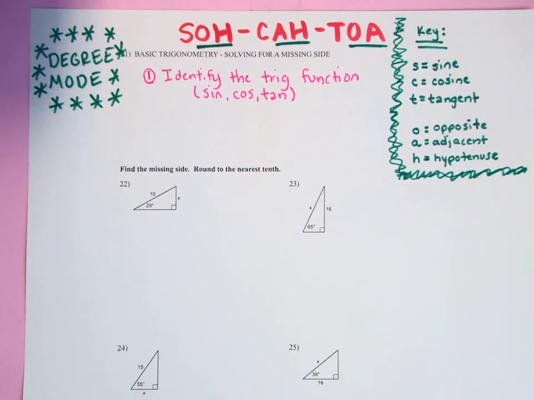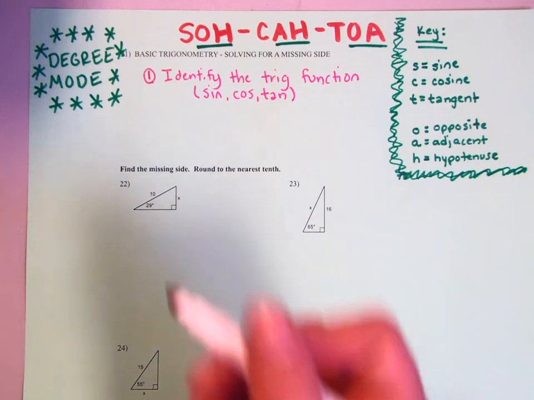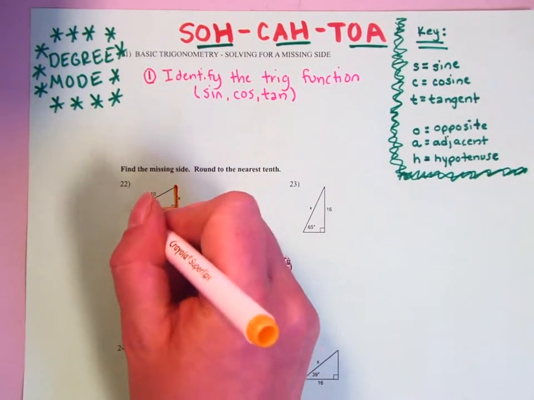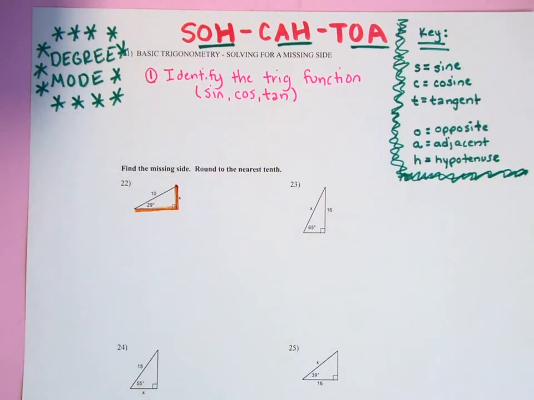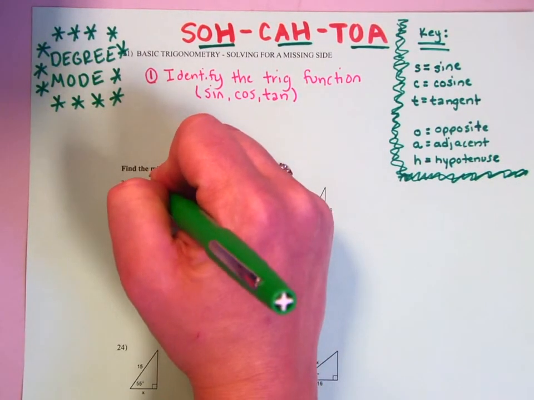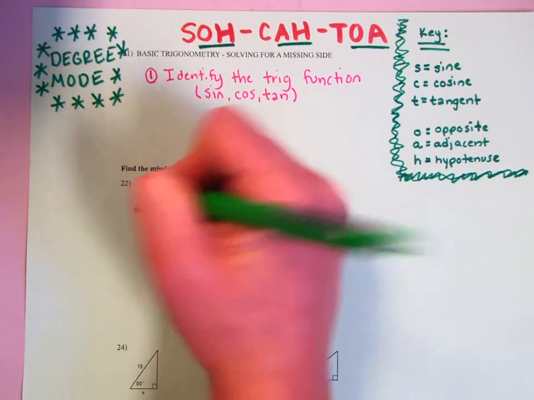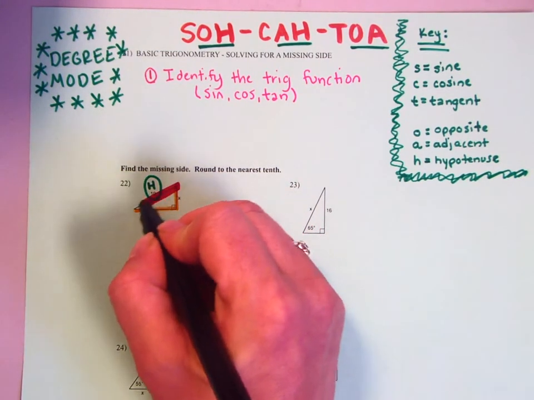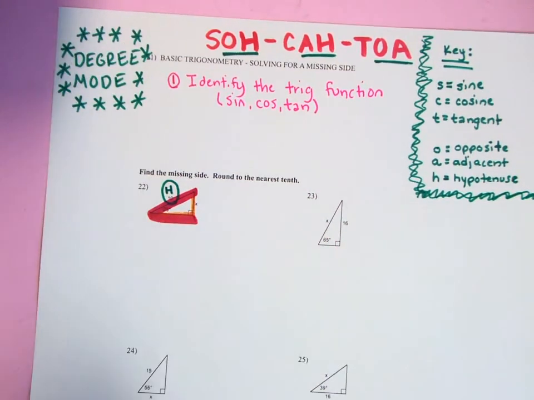So let's go down to problem 22. We'll start out by highlighting the two sides of our right angle, which tells me that my hypotenuse is what? 10. Now I'm going to shade the two sides of the angle in question.